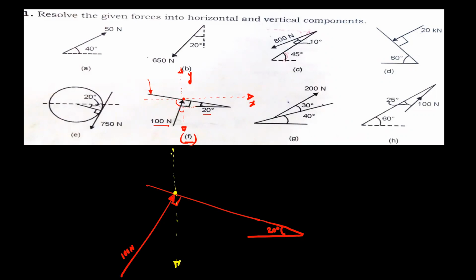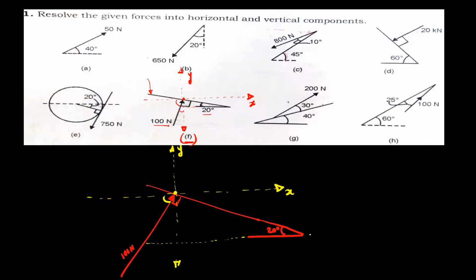So this is the y axis. We have to find either this angle with respect to x axis or this angle with respect to y axis. For that, you can draw a line so that we can have a right angle triangle.